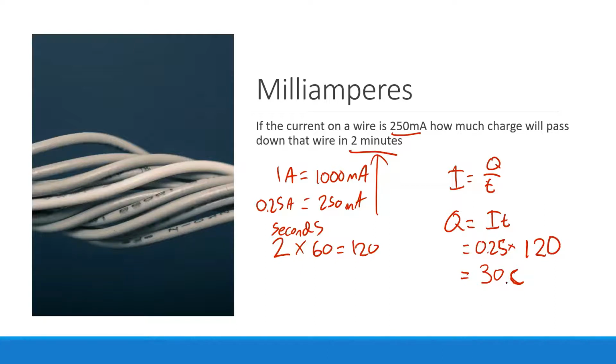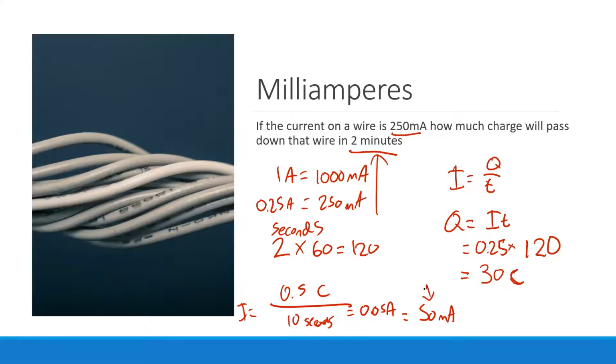Consequently though, if you do get an answer, let's just say 0.5 coulombs of charge goes through a wire in 10 seconds, and you work out that's going to be 0.05 amps. If you want to write down 50 milliamps instead of 0.05 amps, then that's fine too. This one would be the one on the right.